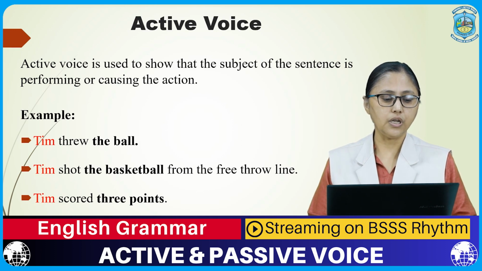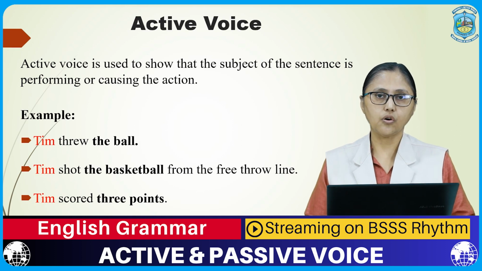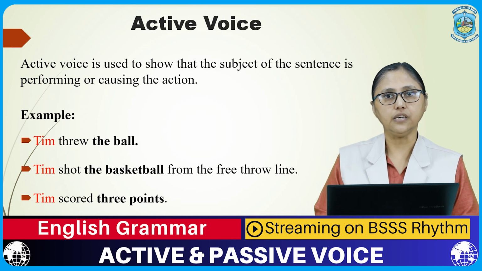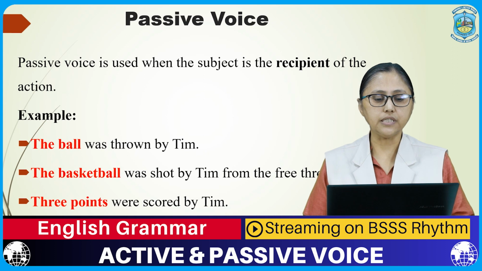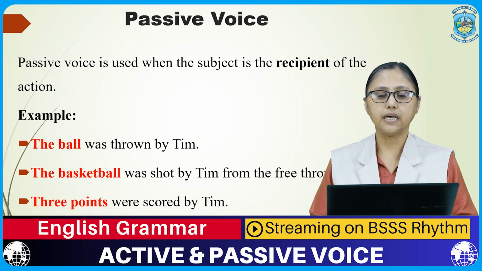You have three sentences on your screen. Tim threw the ball, Tim shot the basketball from the free throw line, Tim scored 3 points. In all these three sentences, Tim is doing the action. Whereas, in passive voice, we use the subject as the recipient of the action.